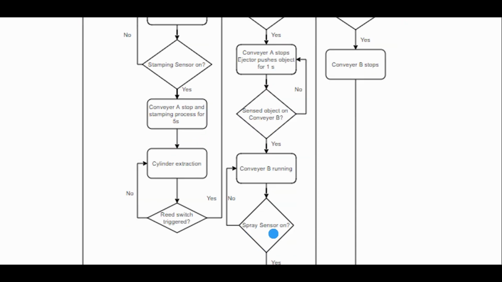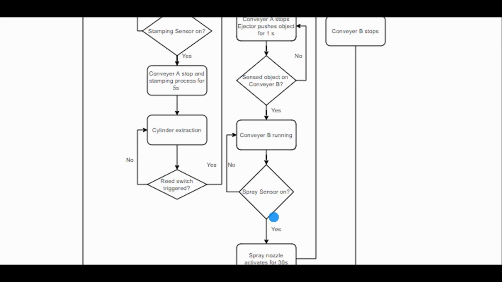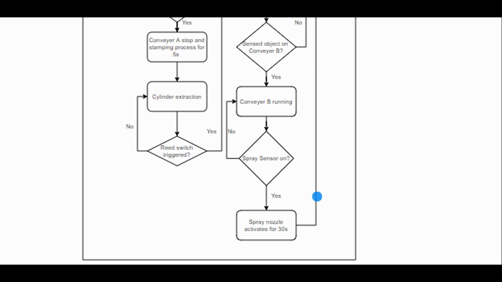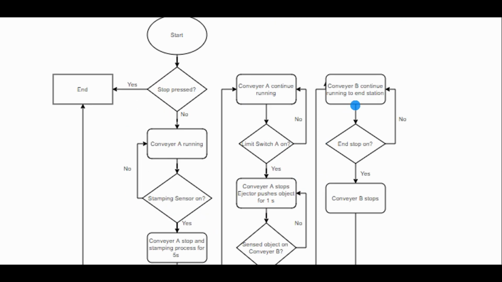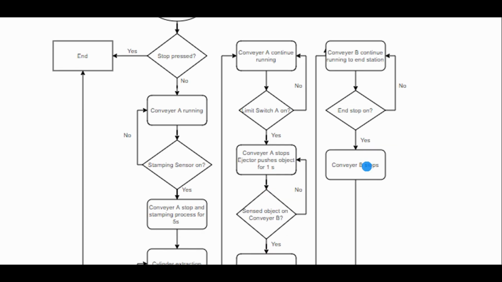Then, if the spray sensor is on, the spray nozzle activates for 30 seconds. Then conveyor B will continue to run to the end station. At the end, the stop button is on, and then conveyor B stops.